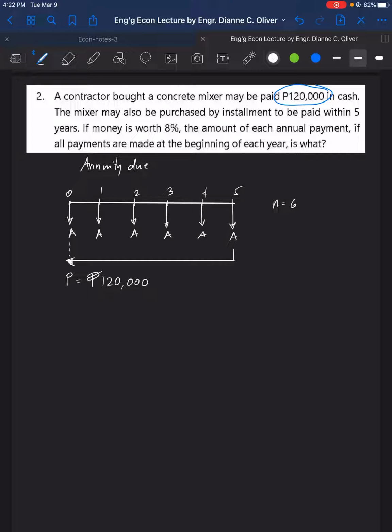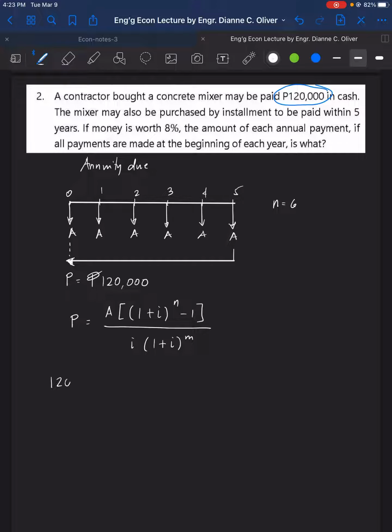If we recall, present worth is equal to annuity times 1 plus i raised to n minus 1 all over i times 1 plus i raised to n. P is already given here.